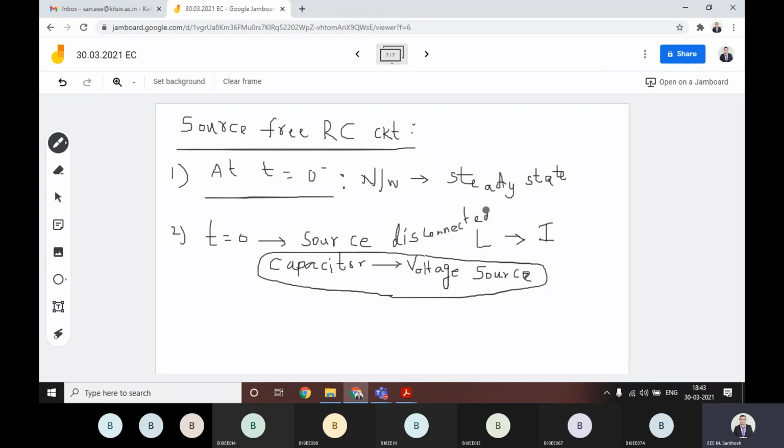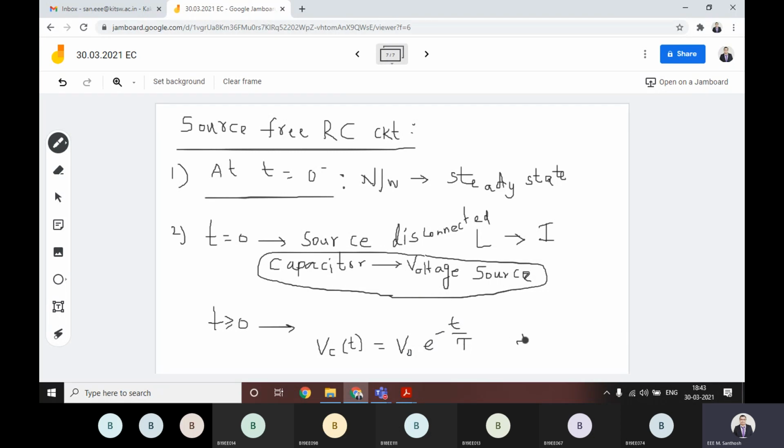Whenever you have disconnected the source, the capacitor will act like a voltage source. Then for t greater than or equal to 0, if you find the value of V, you will get the same expression, V naught into e power minus t by tau.